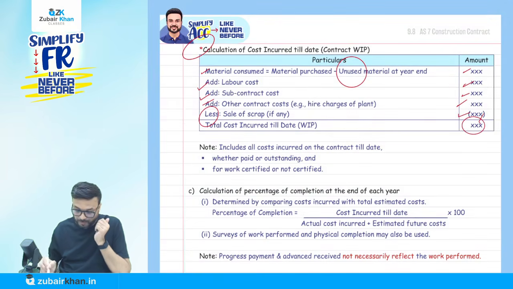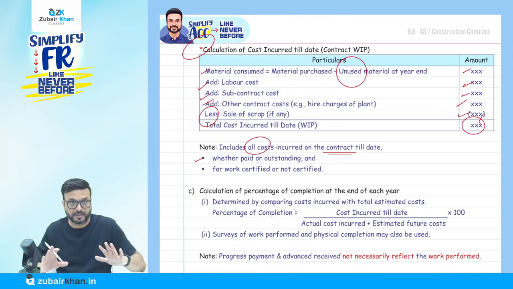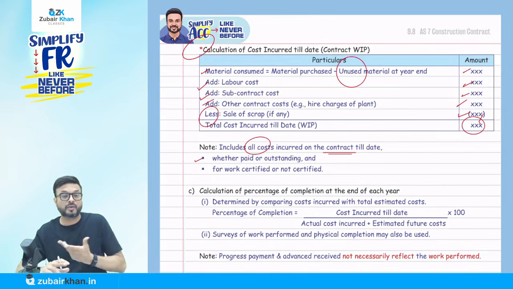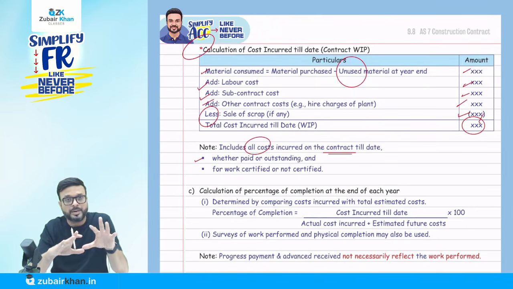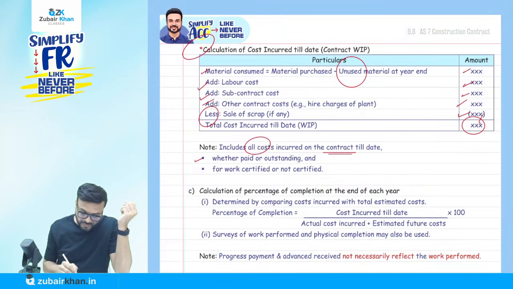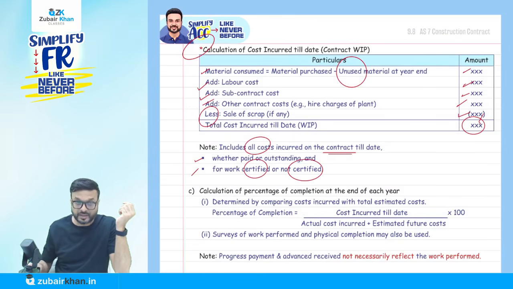Now it is very important that this includes all costs incurred on the contract till date, whether paid or outstanding. It is not necessary that it should be paid. We follow the accrual system of accounting. It might be paid or it might be payable, but even though it is payable, it will be considered as cost. And work, whether it is certified or not certified, doesn't matter.